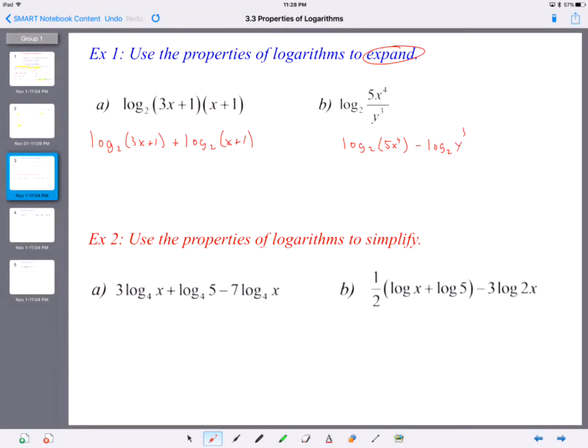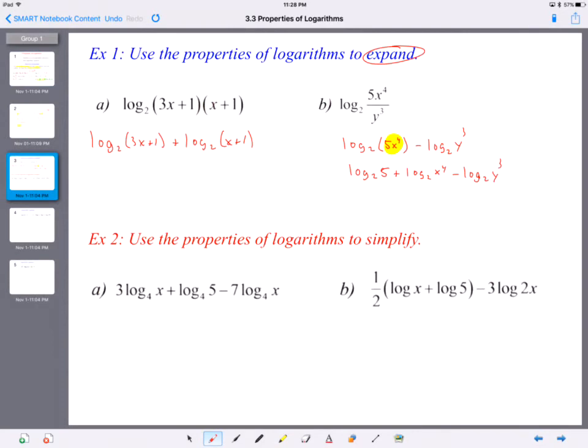Alright, but now we can go farther. This one right here, this 5x to the 4th, that is log base 2, and since you're multiplying, log base 2 of 5 plus log base 2 of x to the 4th minus log base 2 of y cubed.